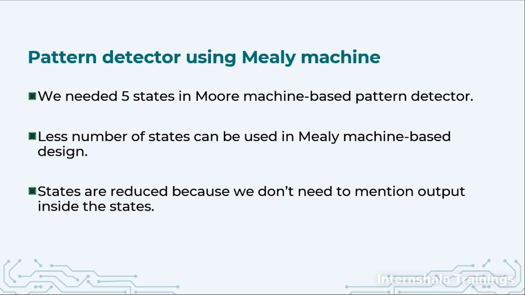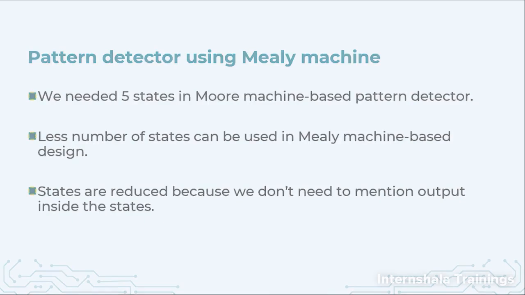In Moore's machine, remember, we had a restriction that we can decide the next state and the output in one case statement. Whereas in Mealy machine, if we want, we can have one case statement only for state transition and one case statement only for the output allocation. So this will optimize our number of states.